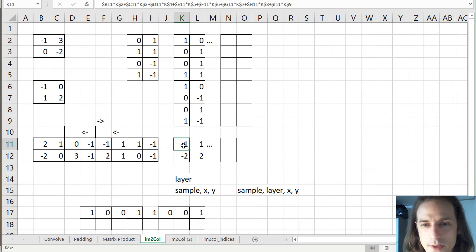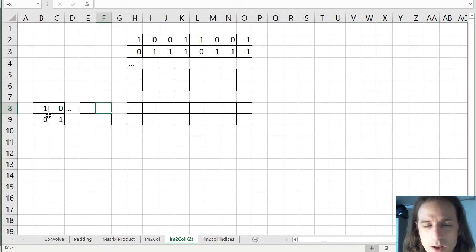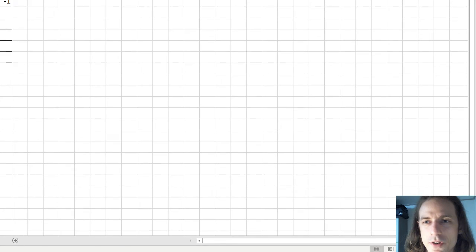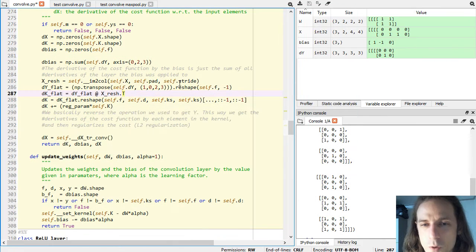This one was influenced by this x value and this y value, and this x value and this y value, and now we have all of them beautifully paired up and multiplied by each other. So this is how you get the derivative with respect to the kernel. It's quite straightforward.